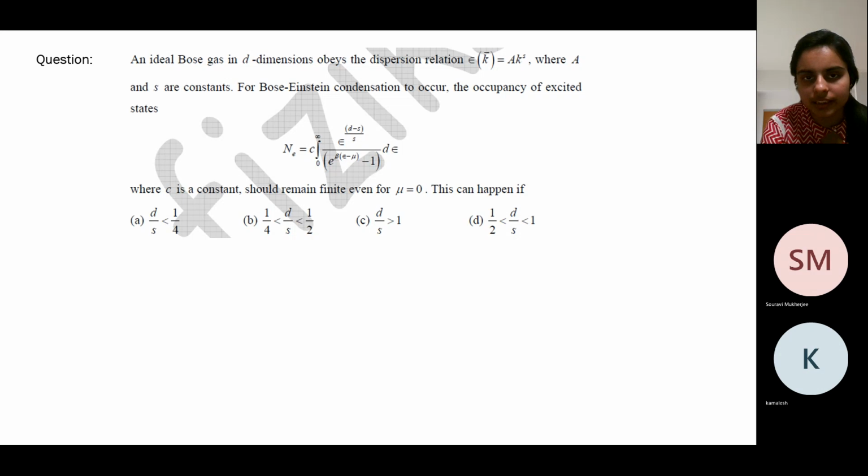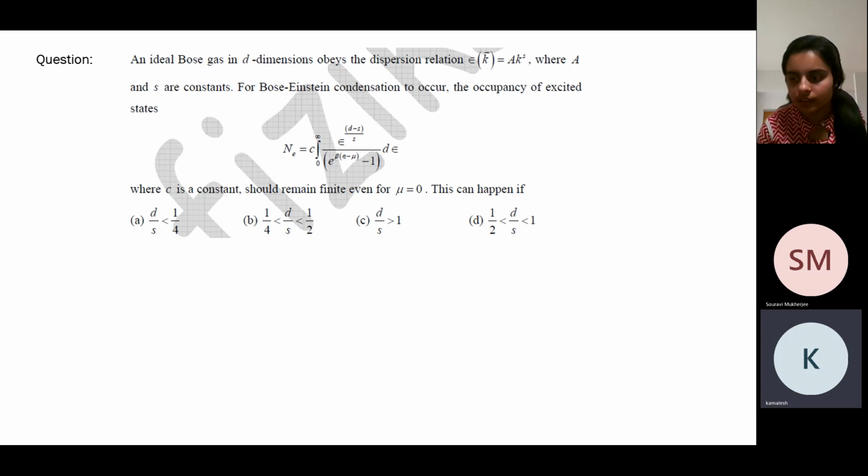So for that to be finite, you would get something like a (d by s minus 1) factorial kind of term in the front, right? So for that to be finite, d by s minus 1 should be greater than 0.